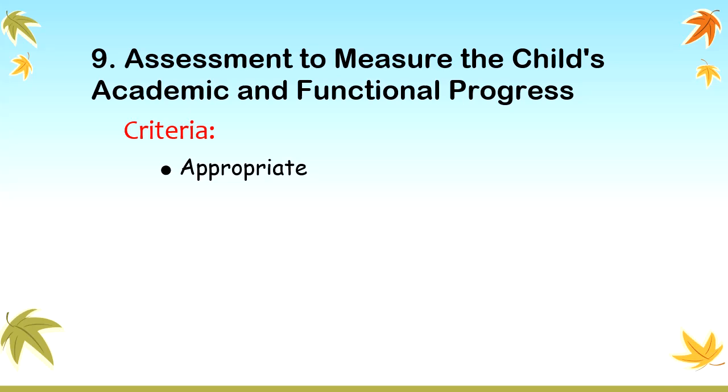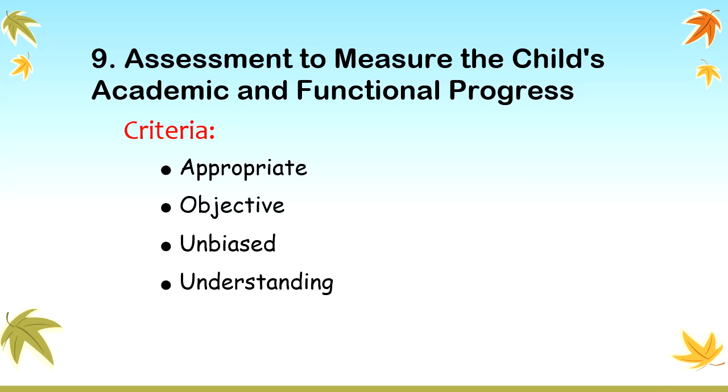The assessor should be objective and unbiased in their approach to the child and should understand the difference between norm referenced and criterion referenced assessments. Thus, the IEP process is very complex, but it's also an effective way to address how your child learns and functions.